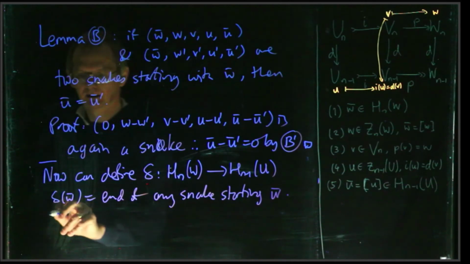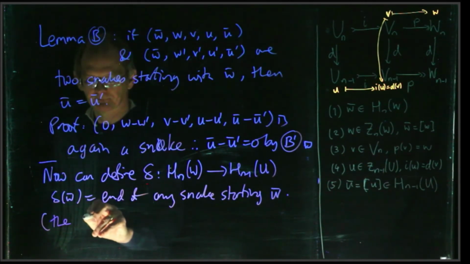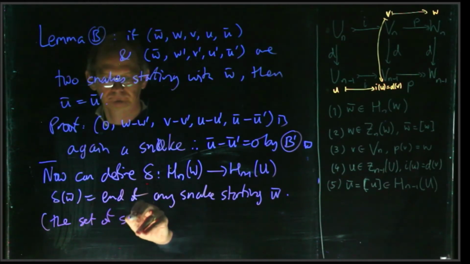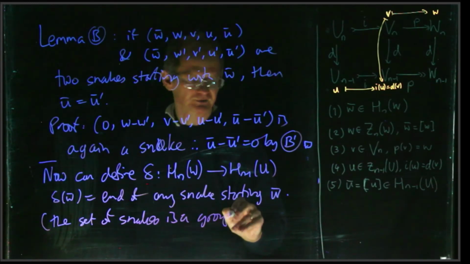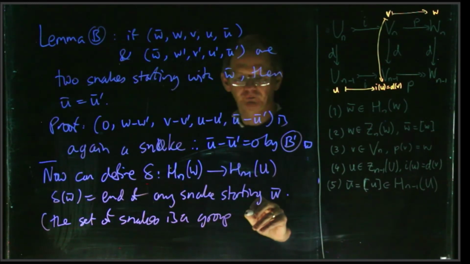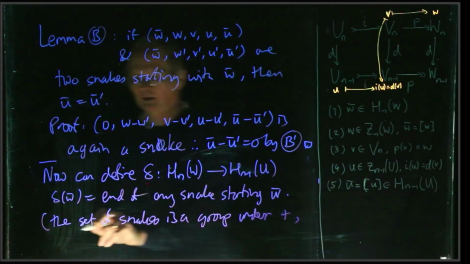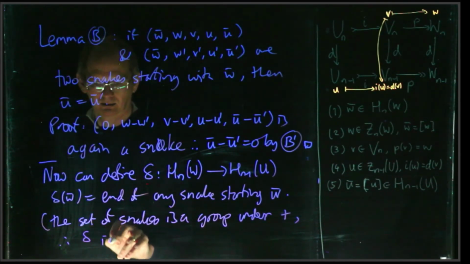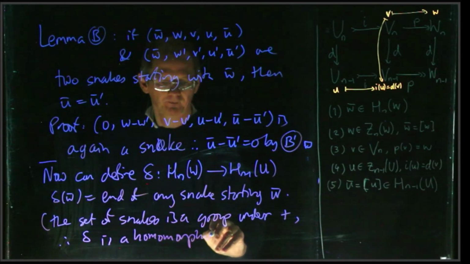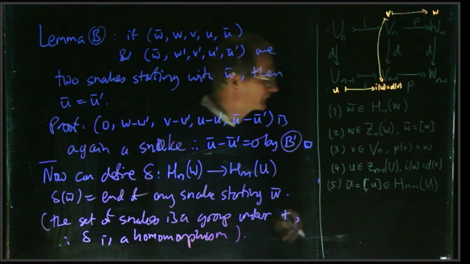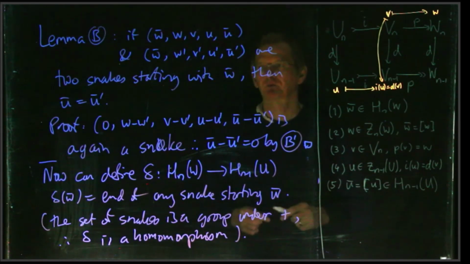And as we just mentioned already, the set of snakes is a group under addition. And it follows easily from that that this delta is actually a homomorphism from HNW to HN minus 1U.